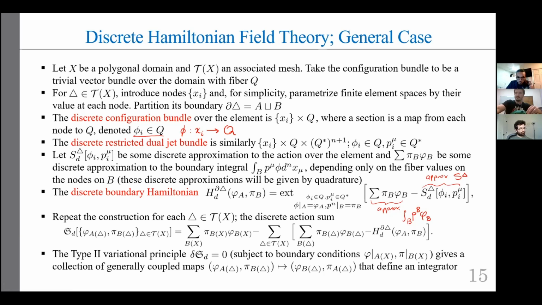And then what we do is we enforce the variational principle. This is the most general setting, which is hard to characterize explicitly, but what we'll do next is talk about it on a rectangular grid. And on a rectangular grid, we can actually write out the equations very explicitly.